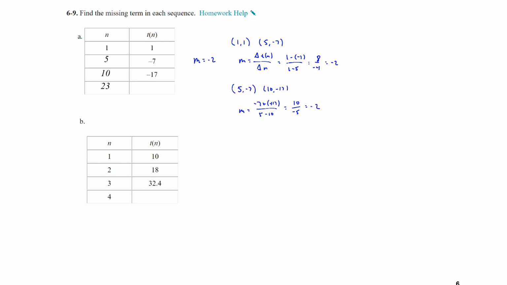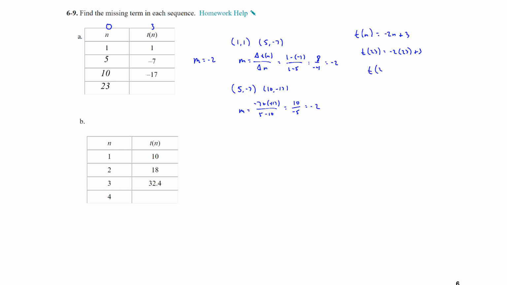Since we kind of already have almost everything we need, we do need term 0 if we're going to use the equation. So we work backwards, add 2 onto that, and give us 3. So the equation would be T of n is equal to negative 2n plus 3. And if I want to know what term 23 is, we'll just plug in 23 for n and solve that.